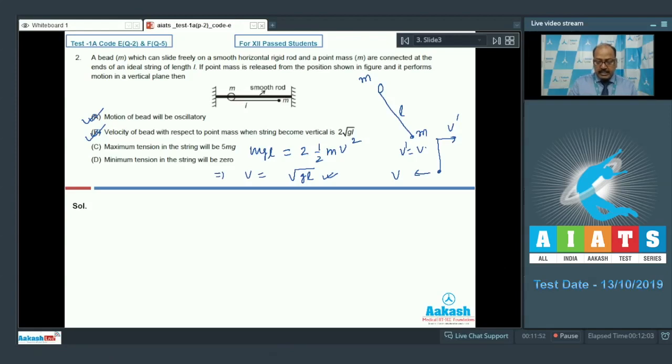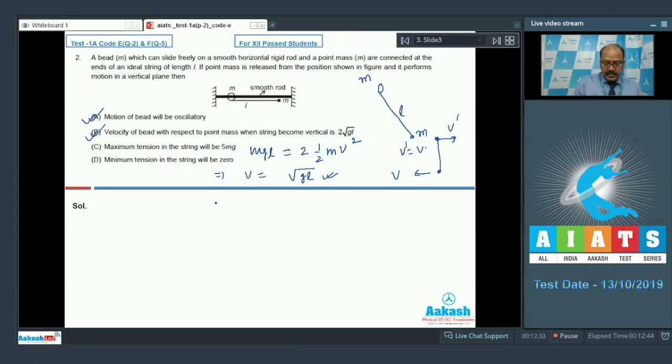Now, at that time, if we consider, we have already found the speed v. In the reference frame of the bead, the particle will perform a circular motion, right? At that particular instant, the acceleration of the bead is 0. So the reference frame attached to the bead is an inertial reference frame. Velocity of the particle with respect to the bead becomes 2v. And if we apply the concepts of dynamics of circular motion, what do we get?